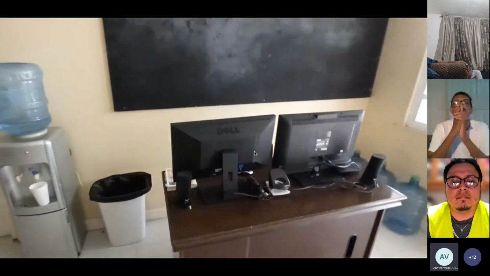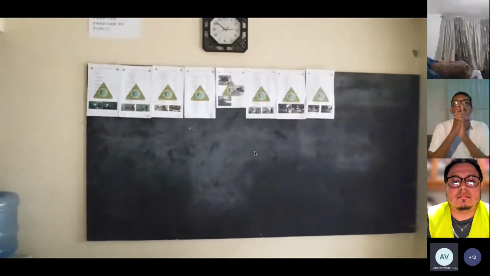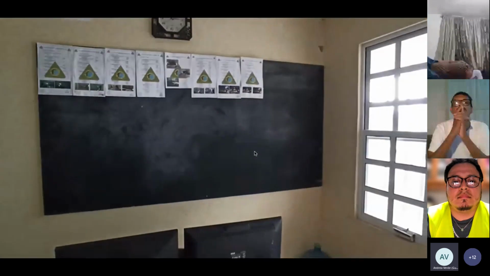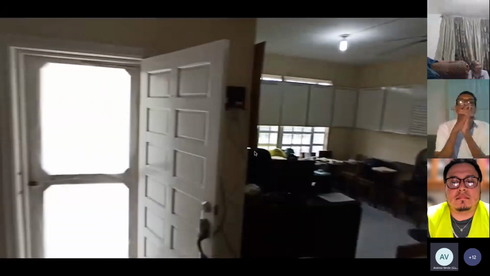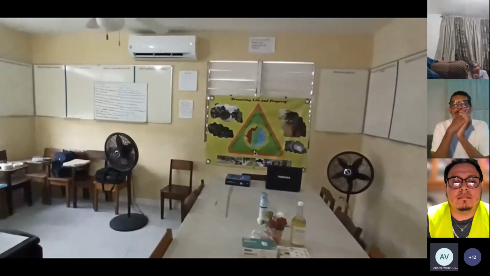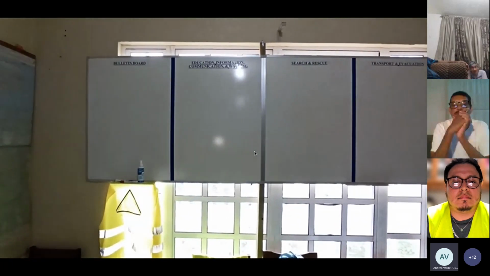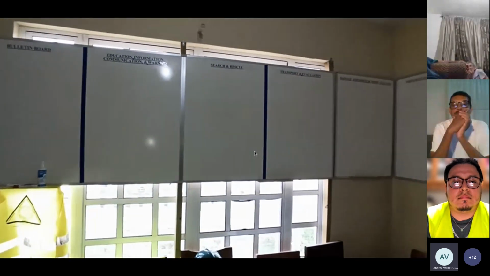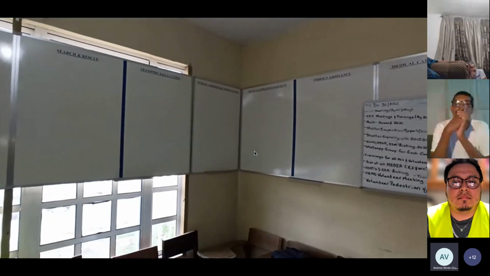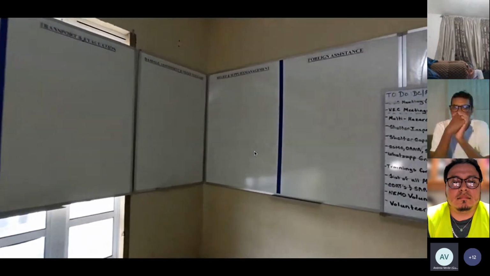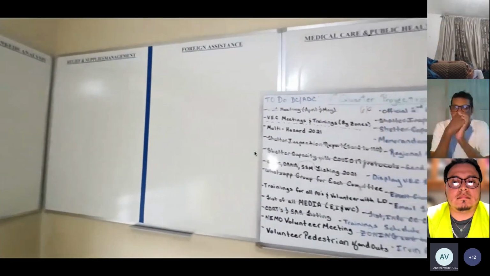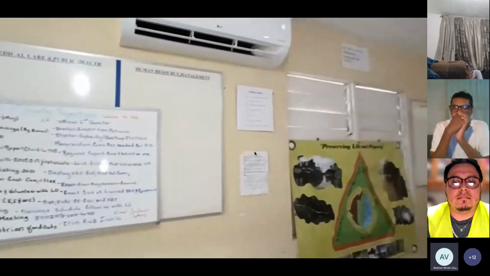You have television and computers to see the news and the different village emergency committee information. And as you can see, the whiteboards are structured by respective committee, where the information will be written down so that all of us can see it.